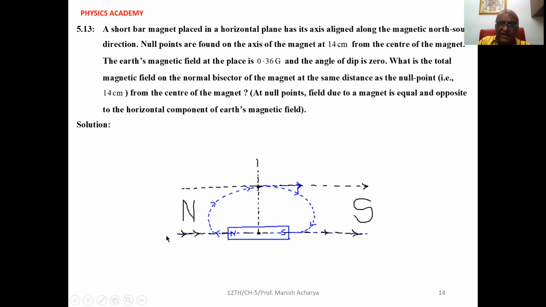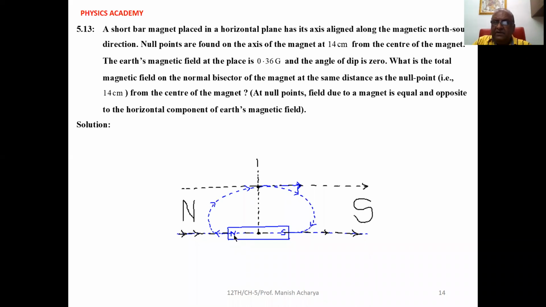So in this particular direction, right? Which one is represented here by this blue arrow. An external field that is in the opposite direction. Then and then only you will get the null point on the axis of the bar magnet. Clear this concept?